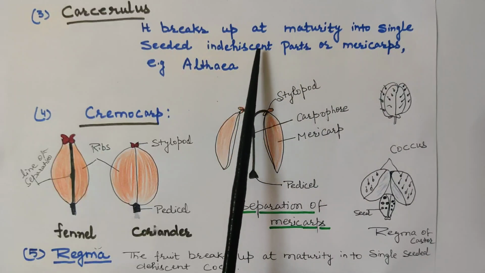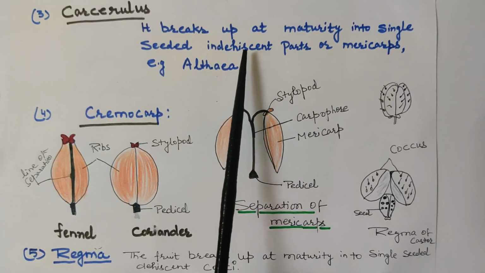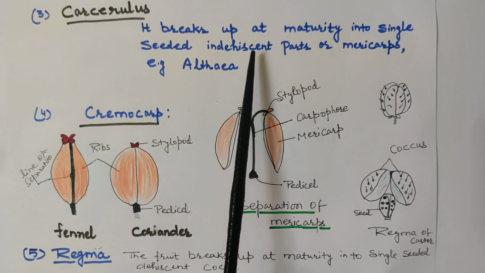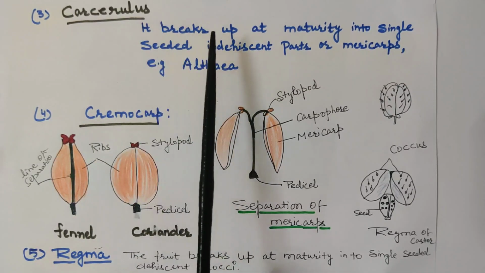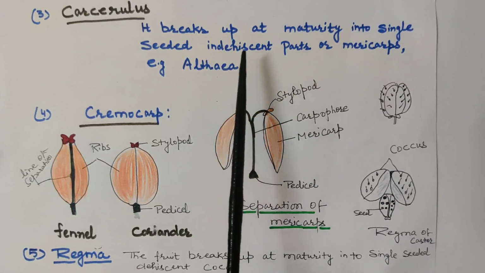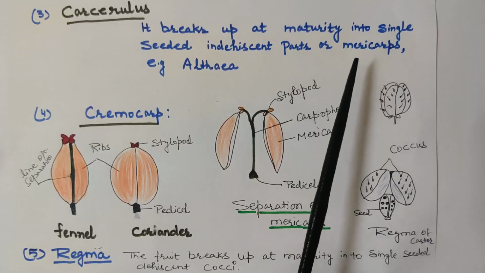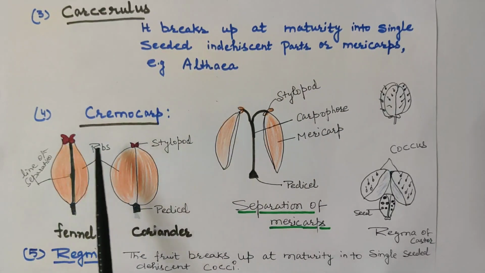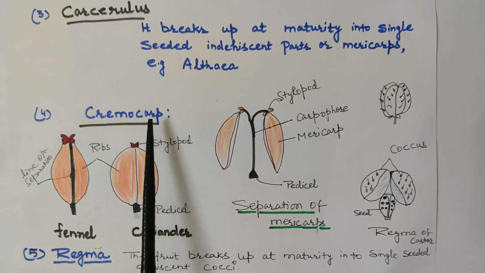The parts which are going to rupture or dehisce to release the seed present inside them are called cocci. But in Carcerulus, it breaks up at maturity into single-seeded indehiscent parts which are called mericarp. An example is Althea.